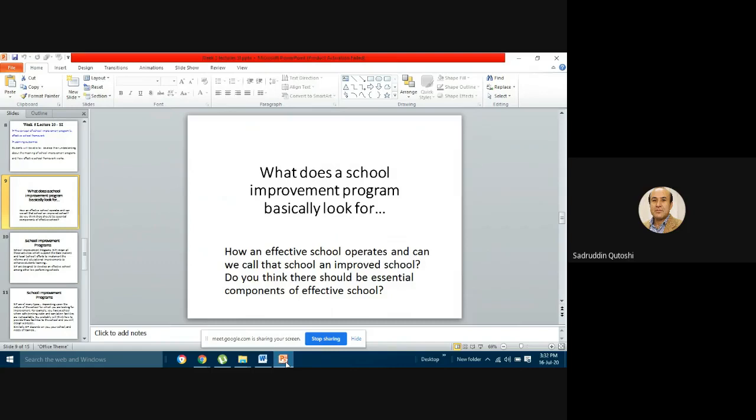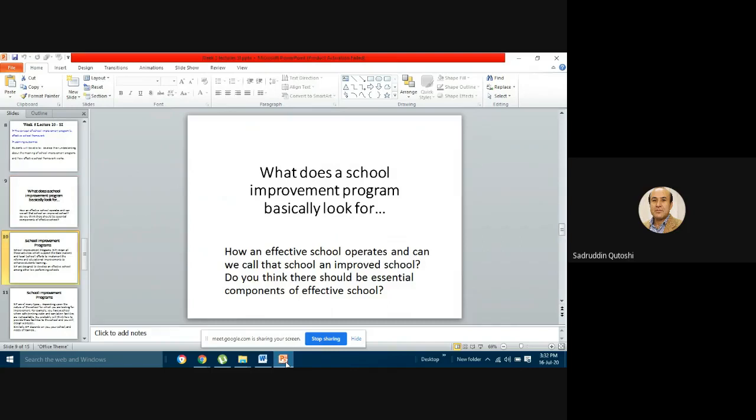What components are missing in our school, and what essential components are there in effective school systems? In this way, we will be able to identify some of the basic essential components of effective schools which we do not have in our own system.